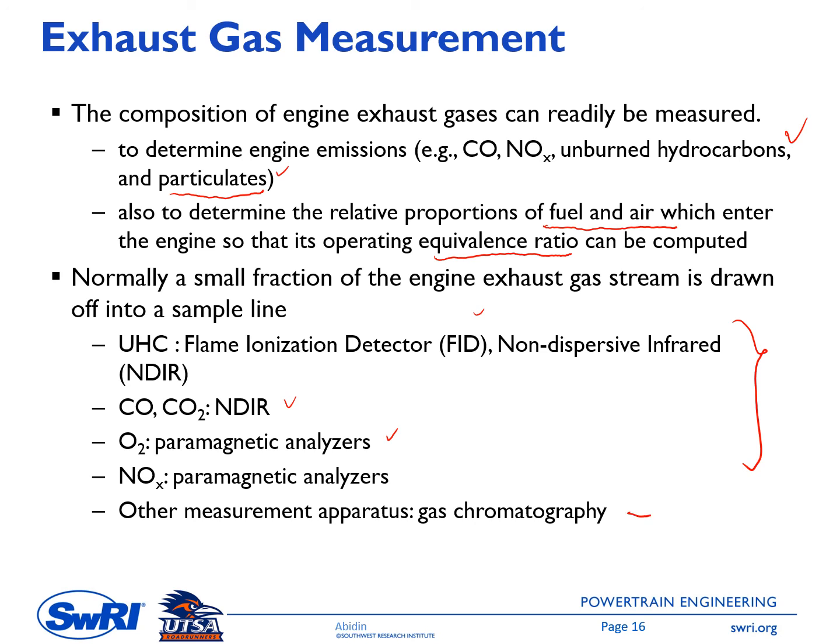At Southwest Research, we use this one: we use a gas chromatography to get the composition of CO, CO2, oxygen, NOx, and so on. So one measurement tool to get all exhaust gas species.